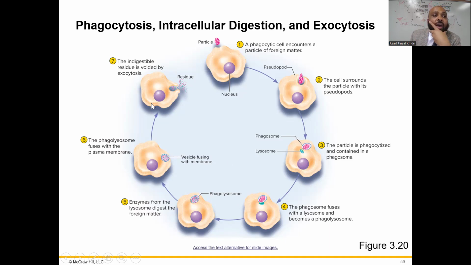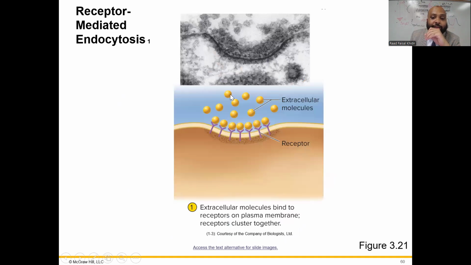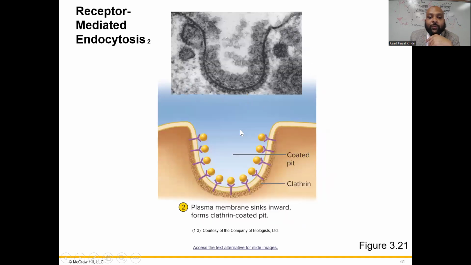So make sure you know every diagram. You've got to know the steps of every diagram, what's happening. The diagram, like this one too. So now this is receptor-mediated endocytosis. What happens here is extracellular molecules bind to receptors on the plasma membrane, and the receptors cluster together. So the more you bind, the more the receptors cluster.